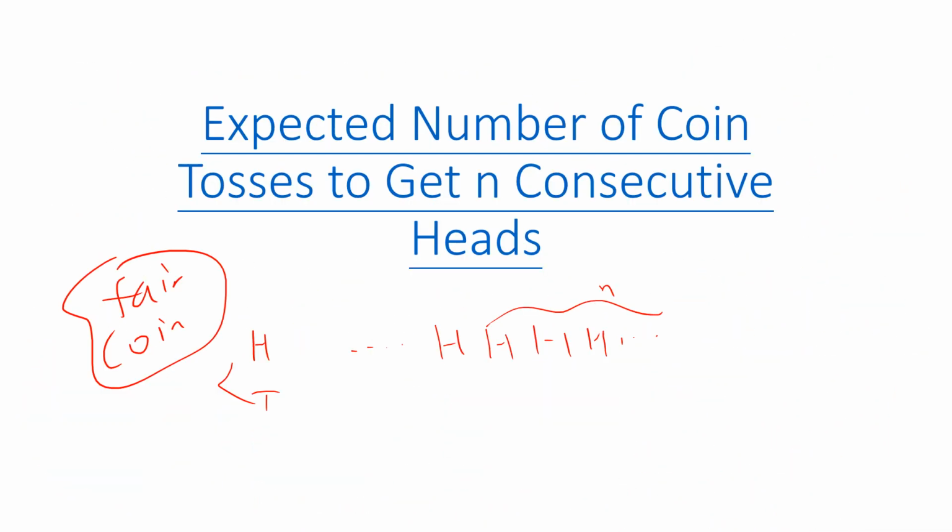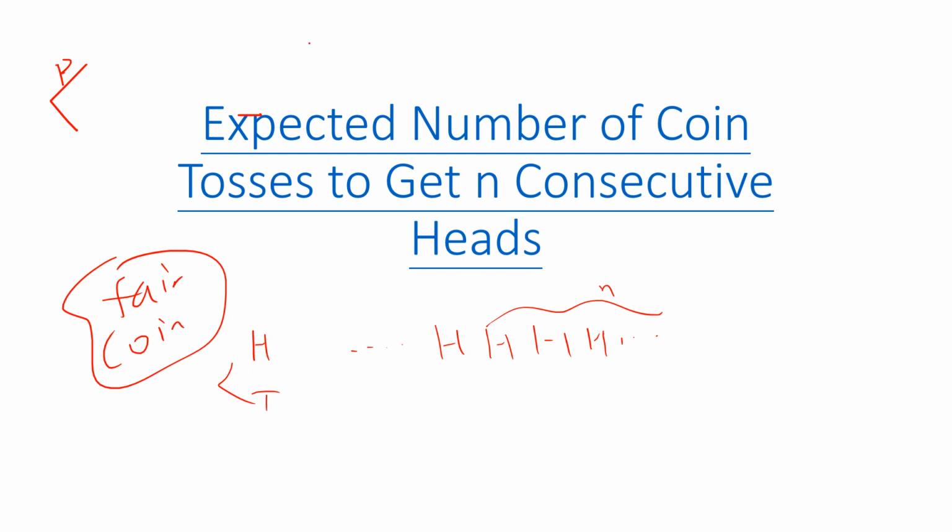And I want to say more is that you can generalize this result. Suppose the success probability is p. So suppose your success probability is p, and you want the expected number of trials to get n consecutive successes, and each time your success probability is p.